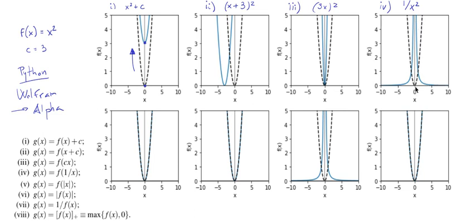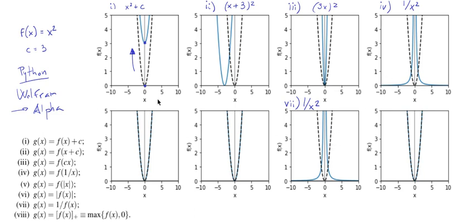So when x is 0, this function will be infinity because it's 1 over 0, and then it goes to 0 as x goes to plus and minus infinity. Incidentally, in this case, 1 over f of x is 1 over x squared, the same function. We will see in the next example with the sine of x that it's not the same function, but in this case, because of the function we're choosing, these two operations remain the same.